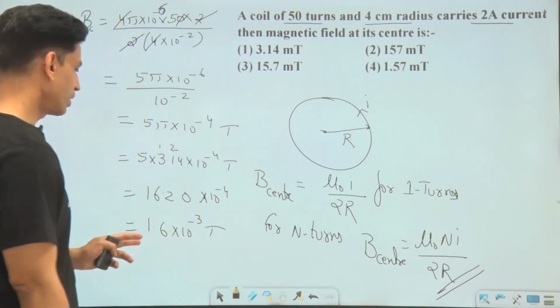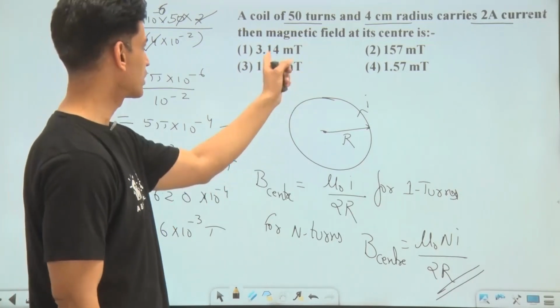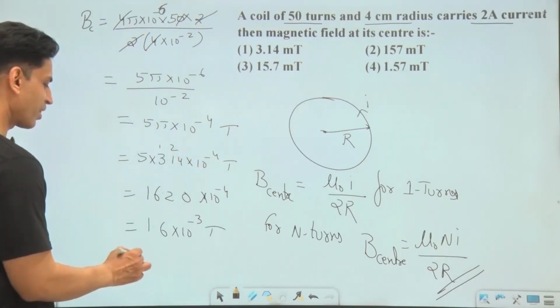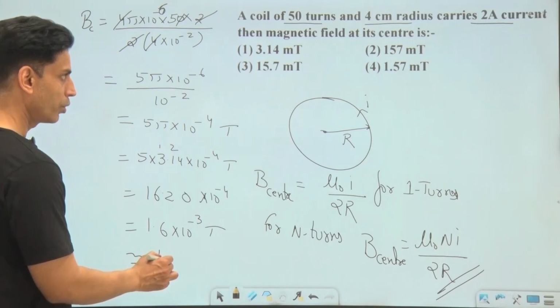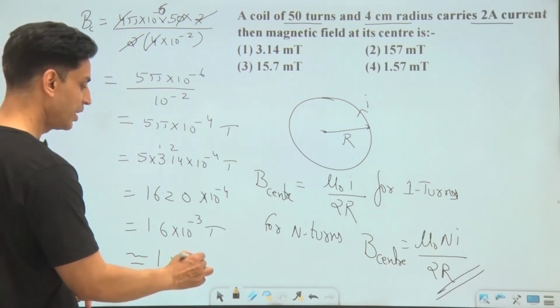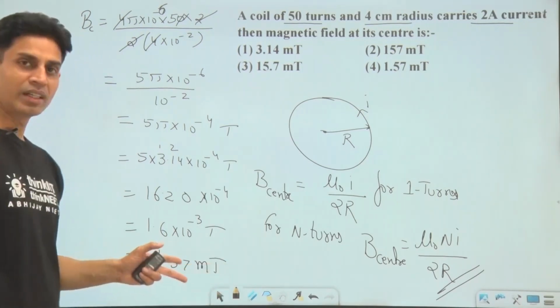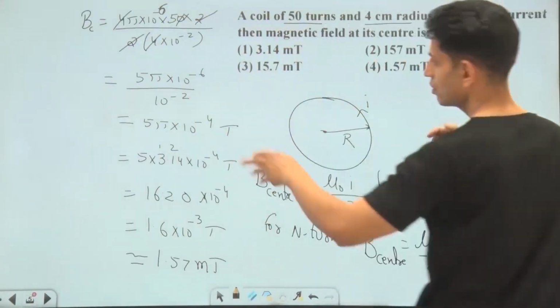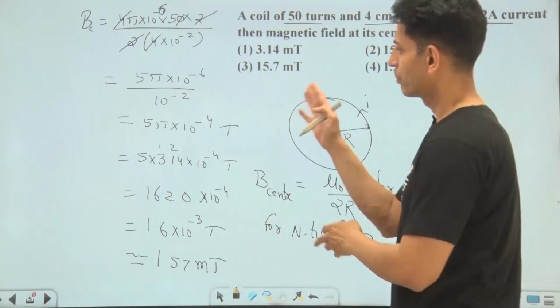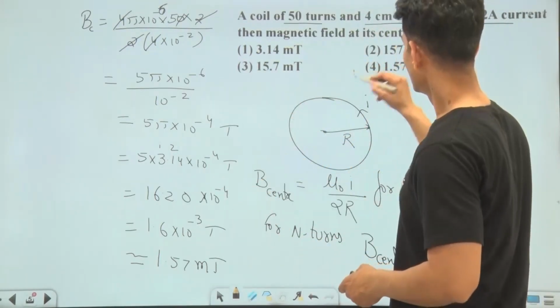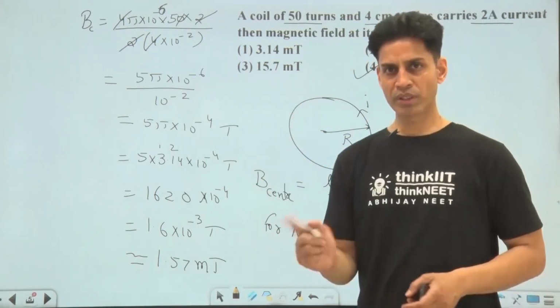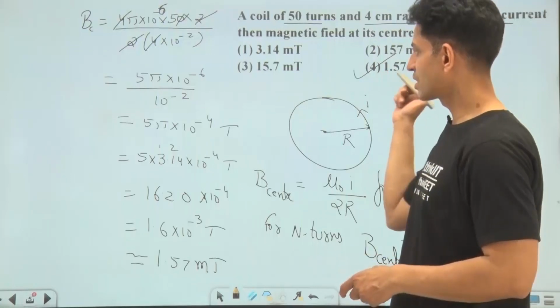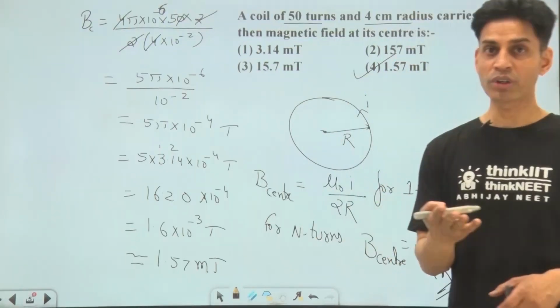Now just look at the options. So approximately we can write it as 1.57 milli Tesla. It is actually 1.6 milli Tesla, but just look at the option. Maybe because of some approximation we are getting this 1.6. So 1.57 milli Tesla is the correct answer. So option number 4 is our correct answer.